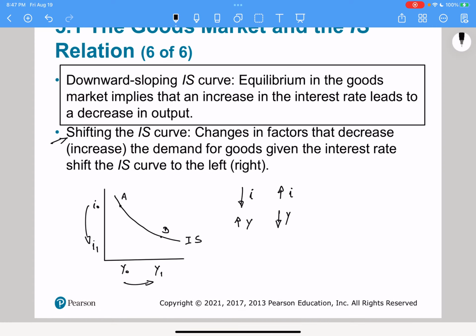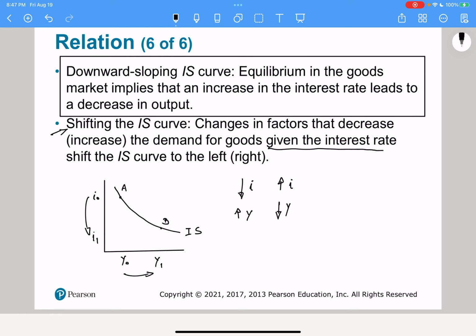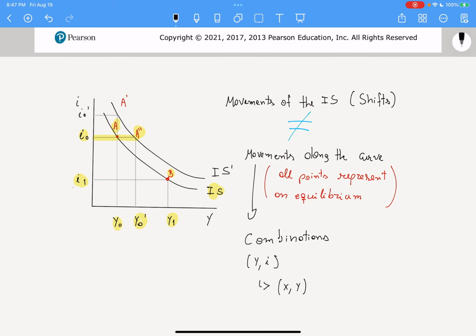If you go back here, shifting the curve makes the movement given the interest rate. So we are not changing the pair.